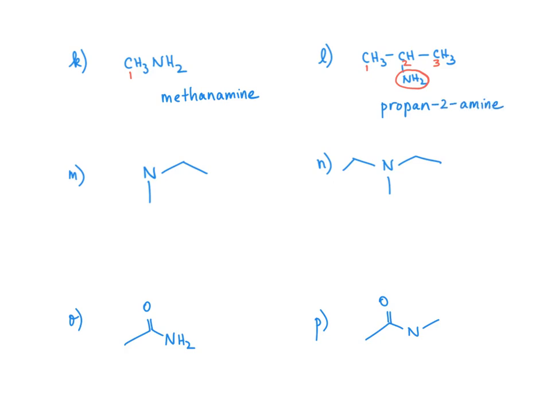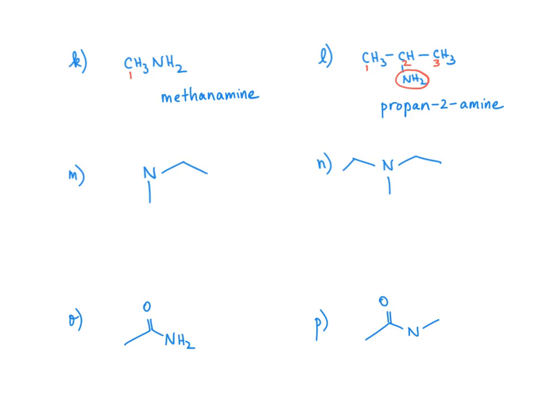For the amines, once I hit 3 carbons in the parent chain, I need to start numbering, because if there's only 2, then it has to be on the first, and if there's only 1, it has to be on that 1. I check to see what else is bonded to the nitrogen besides the parent chain, and I see it's just hydrogens, so I'm finished.